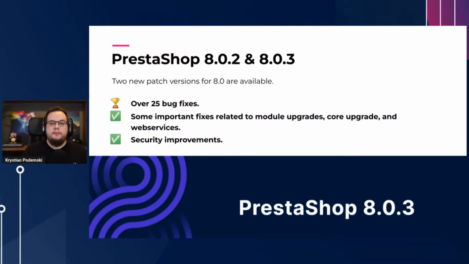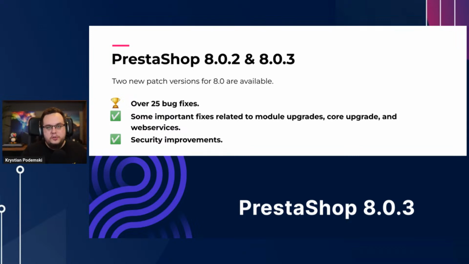I will start with quick news about two new releases for PrestaShop 8. Two new patch versions are now available: 8.0.2 and 8.0.3 were both released last month, and they fix over 25 bugs. There are some important fixes related to module upgrades, core upgrades, and web services, as well as some security improvements.